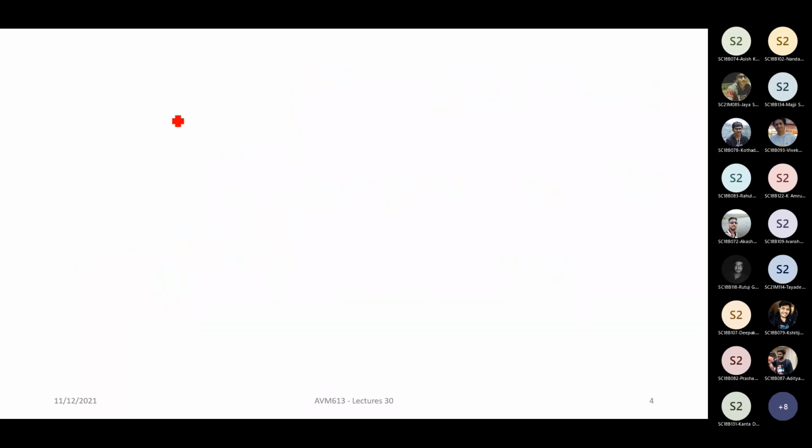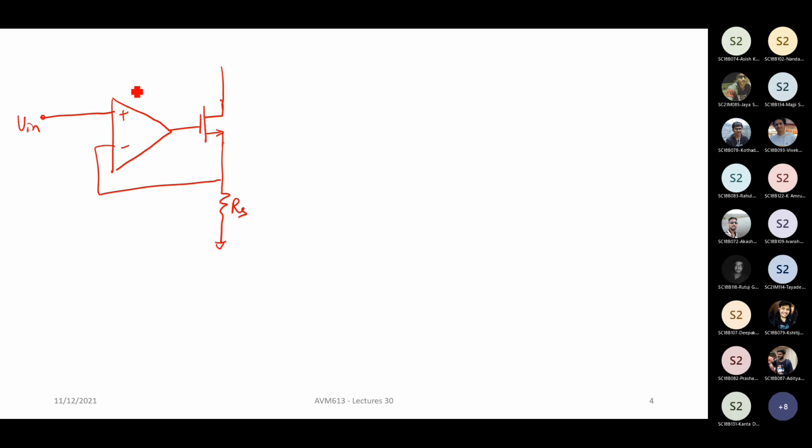Let us take a specific case here. Let's take this source degenerated circuit. Let us find out the effective Gm of this particular transistor.